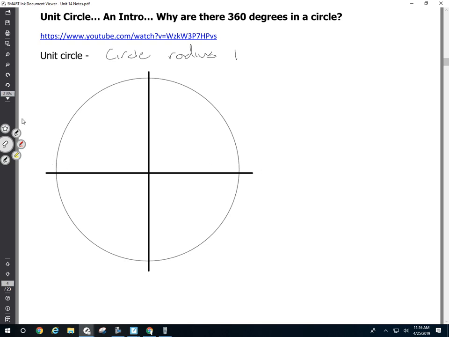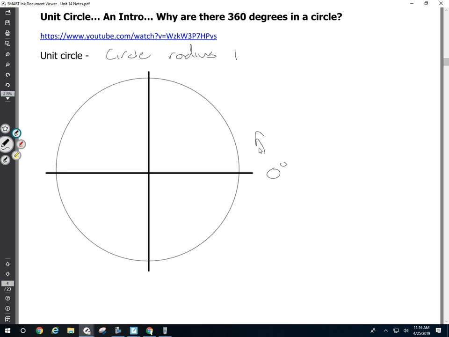We're going to call this angle 0. And we are going to go around counterclockwise. That way we're kind of working in the first quadrant where everything is positive, the x's are positive and the y's are positive.